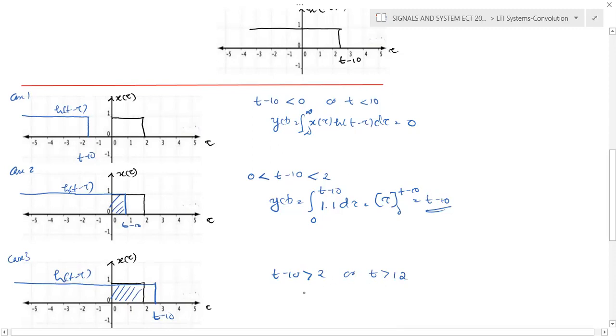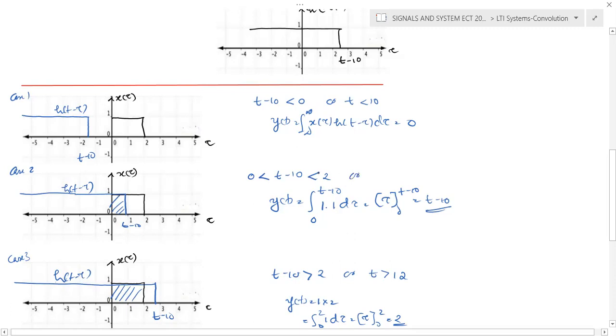For this limit, you will get a constant area from 0 to 2. It's again a rectangular pulse: width is 2 units and height is 1. You can find the area by 1 into 2, the rectangle area, or you can integrate 1 d tau from 0 to 2. You'll get 2. So above this point, when t is greater than 12, you'll get 2.